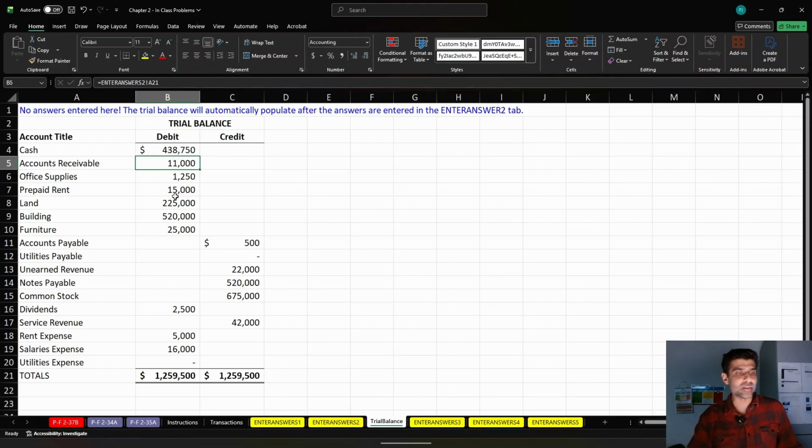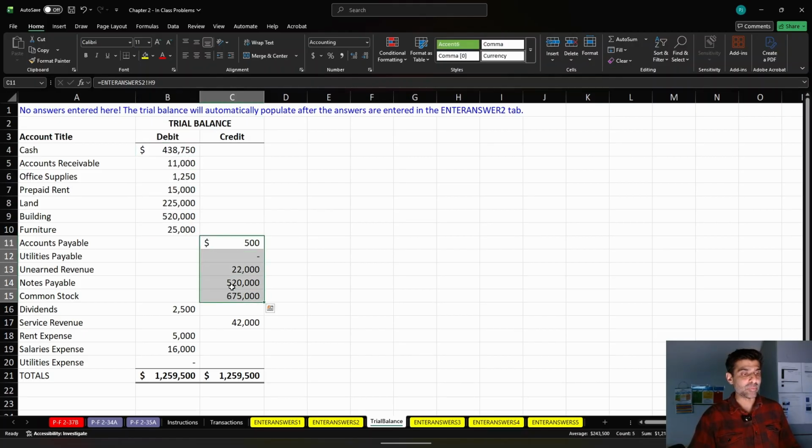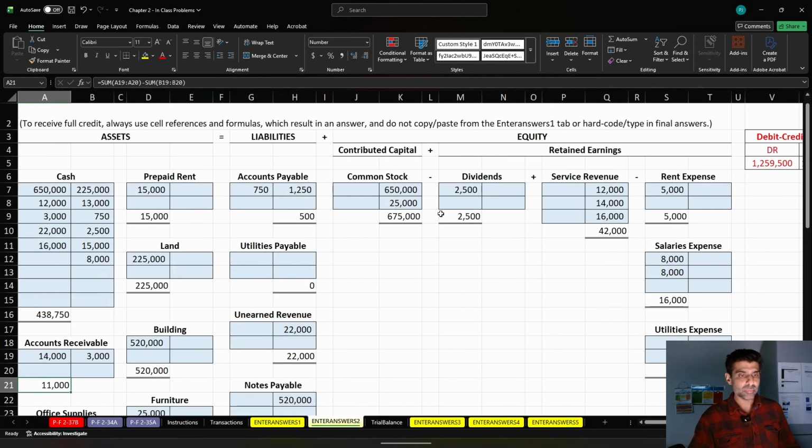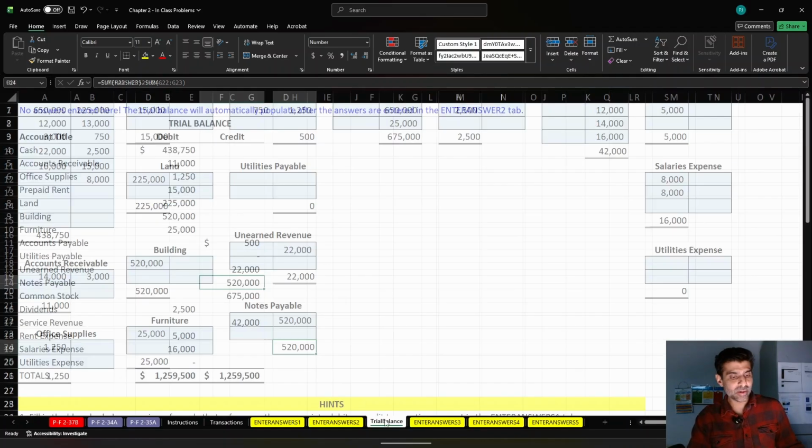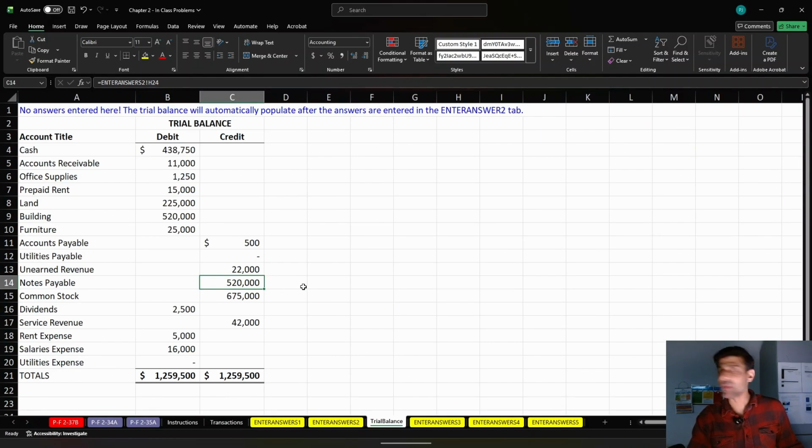We just do this for all of them, being very careful to differentiate between a debit balance and a credit balance, because notes payable, 520,000, is a credit balance, so I'm making sure it shows up as a credit on my trial balance. If we've done all our transactions correctly, the trial balance will balance.